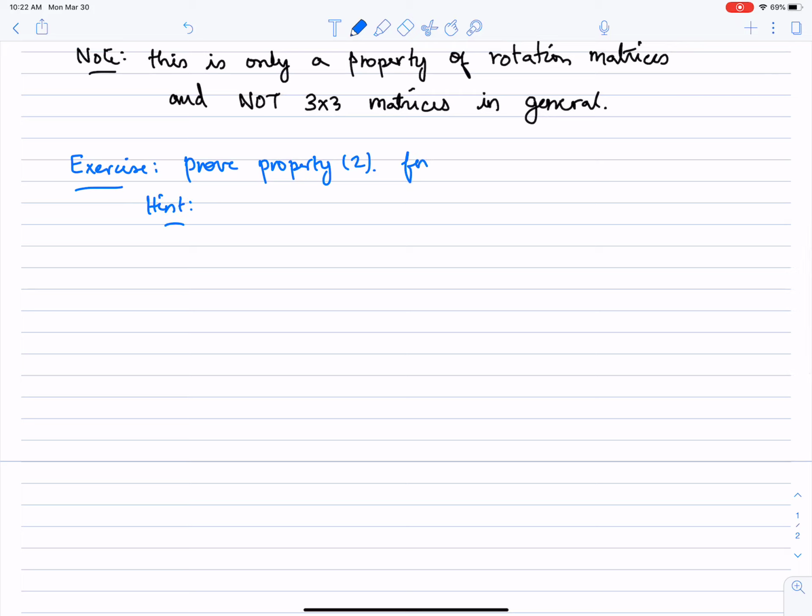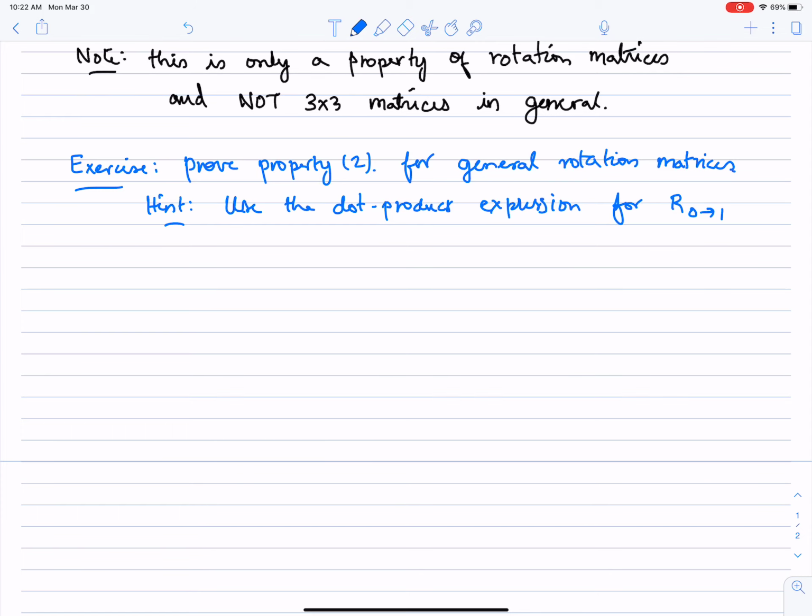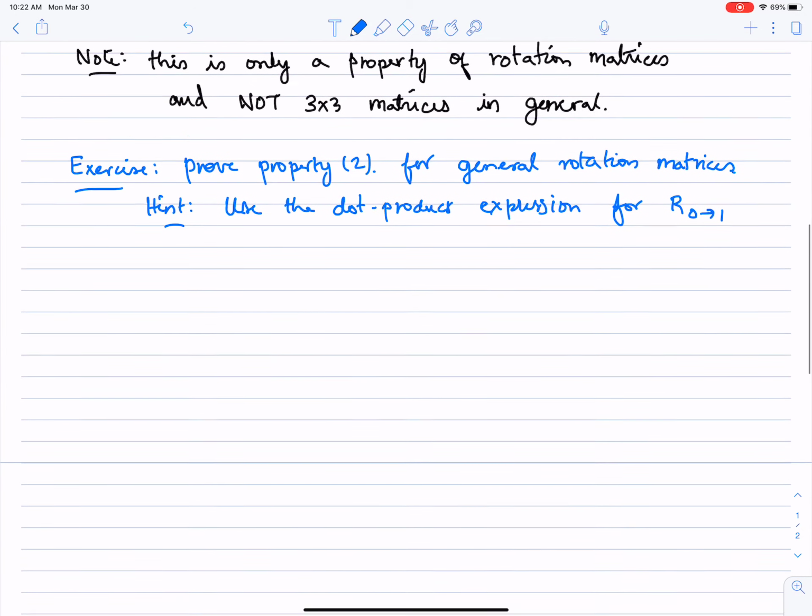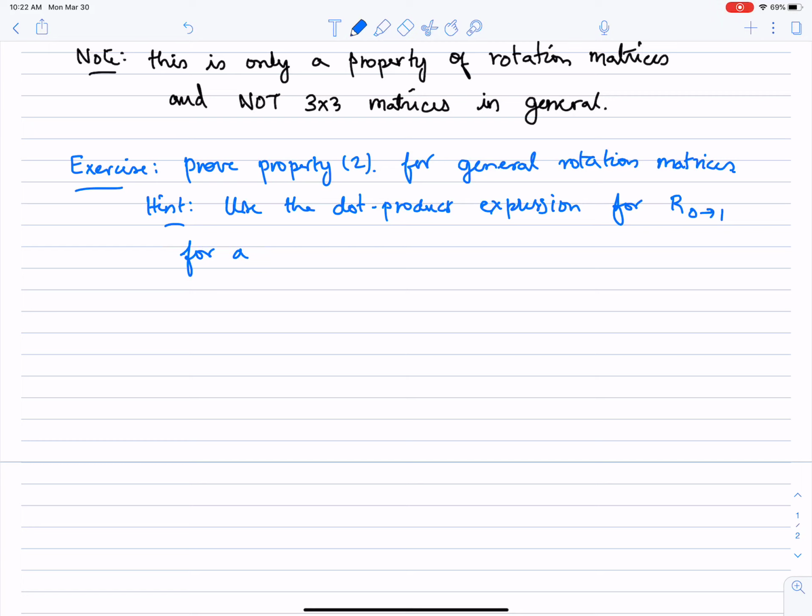So for a general rotation matrix, use the dot product expression for R 0 to 1 for a general rotation matrix.